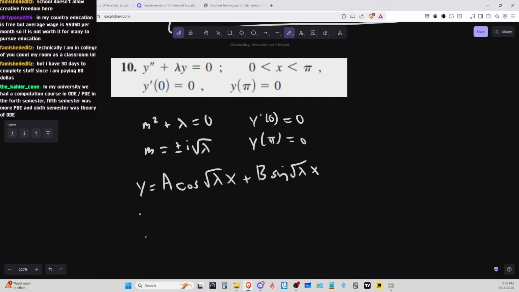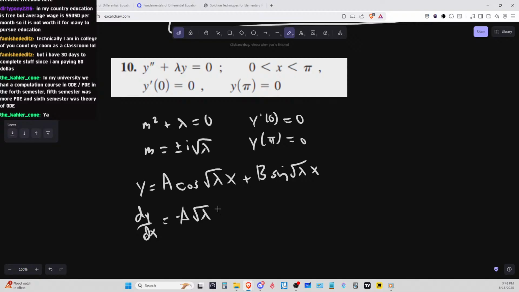Okay, so let's take the derivative of this. So then we have a negative sine of theta x.